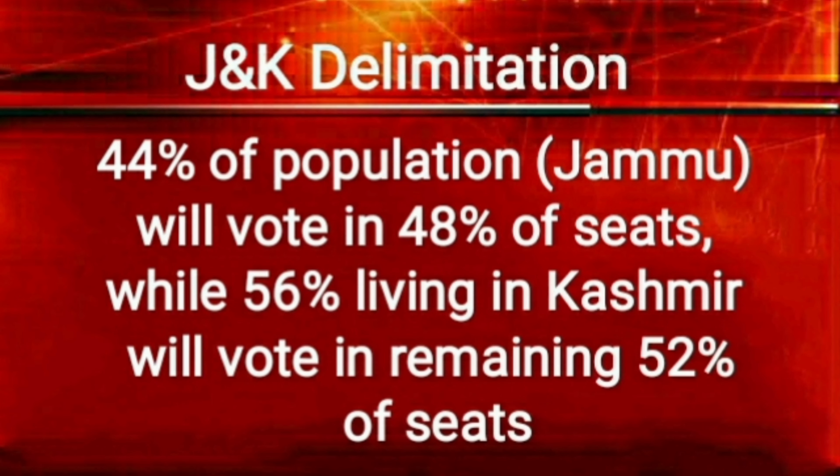Now, what do the changes in assembly seats mean? That is very important to understand. While the basis of delimitation is the 2011 census, the changes mean that 44% of the population of Jammu will vote in 48% of seats, while 56% living in Kashmir will vote in the remaining 52% of the areas.